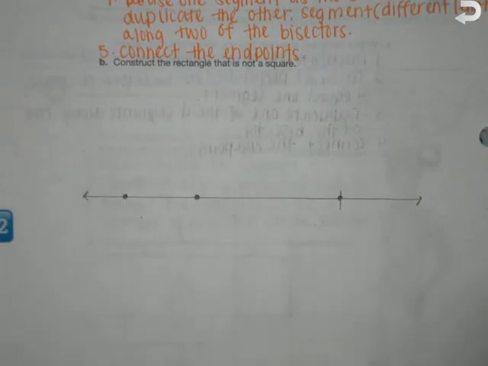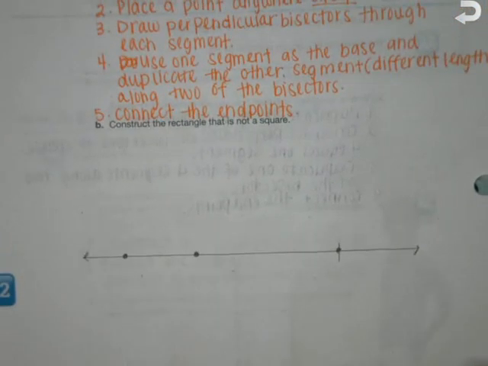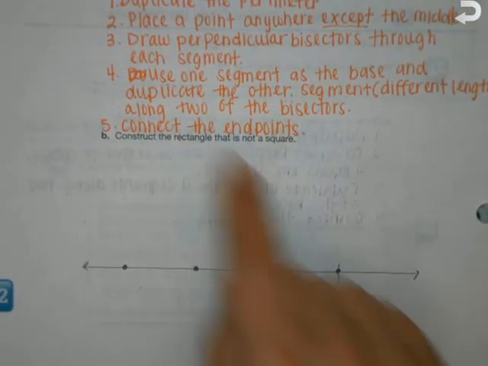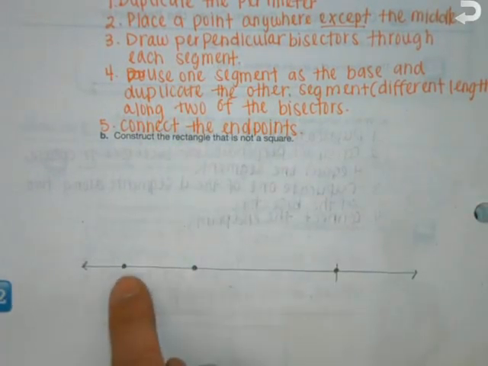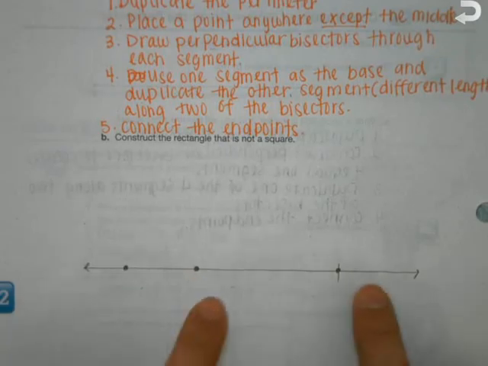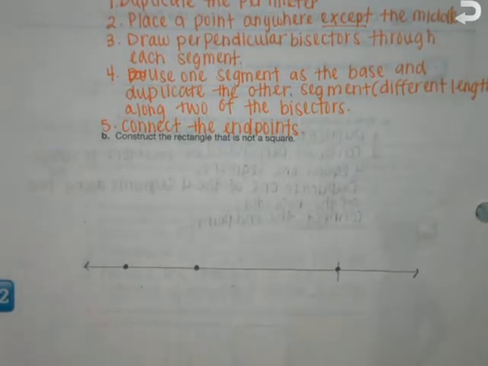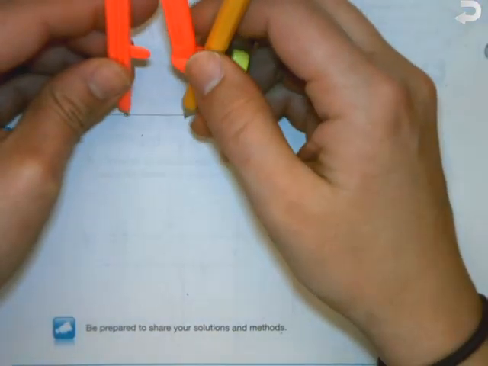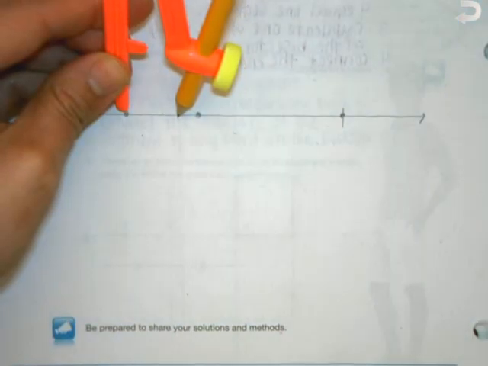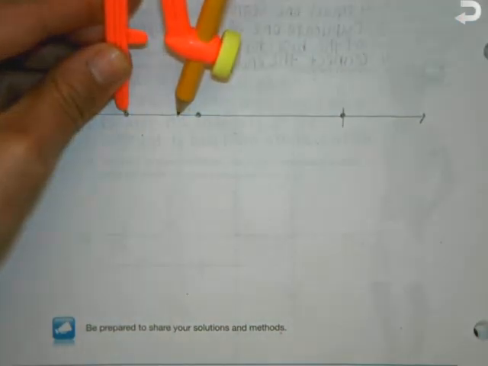Everybody good? Okay, so the next step then would be to draw perpendicular bisectors through each segment. So I have this smaller segment and this bigger one, and we're going to bisect both of those. Okay, so I'm going to bisect my smaller one first. So I need to open my compass, not to each endpoint, but a little bit over halfway. And then I'm going to construct a bisector.